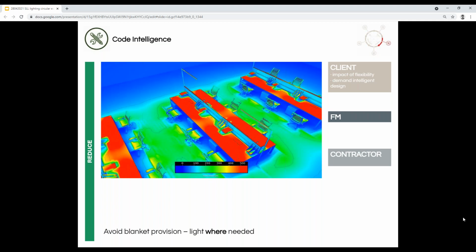And then just outside of that, you need a lower light level, and outside of that, an even lower light level. Given that in a typical open plan workplace the desking is only 30% of the floor area, it means that we can save an enormous amount of energy and material as well by designing intelligently. Okay, next slide, please.